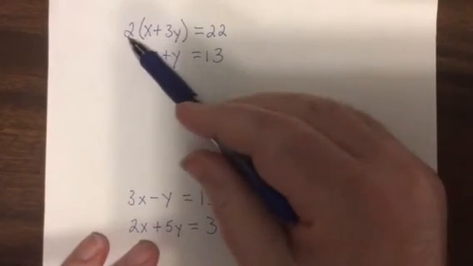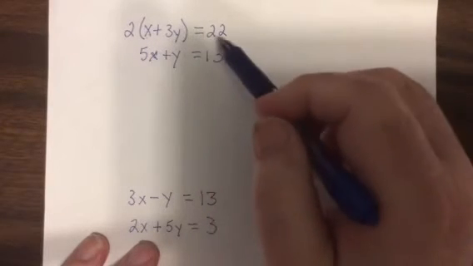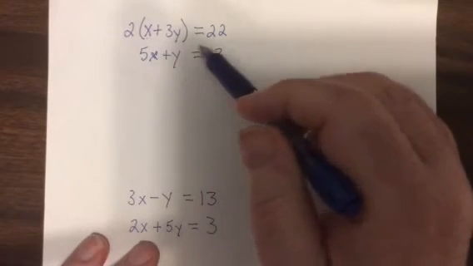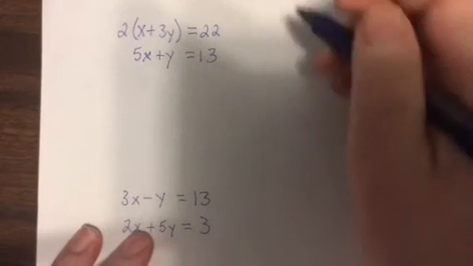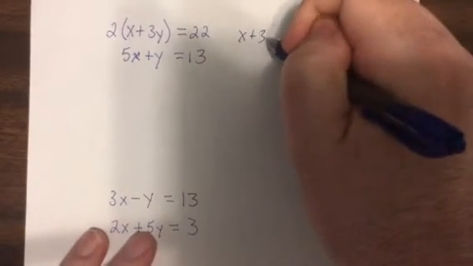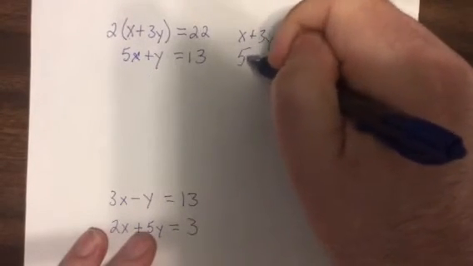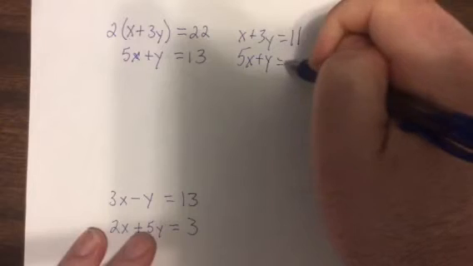Okay, this one, you could distribute the 2, or you could divide both sides by 2 and have x plus 3y equals 11, and that's what I'm going to do. So x plus 3y equals 11. Then I have 5x plus y equals 13.